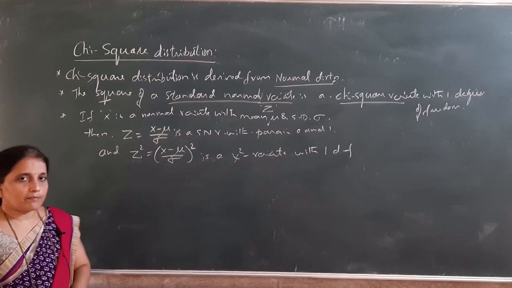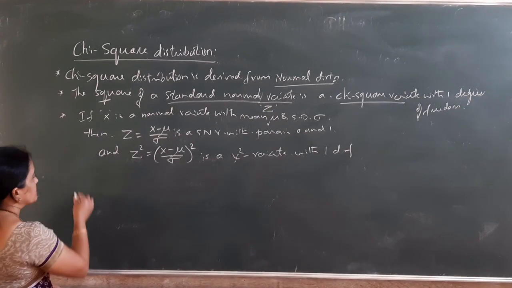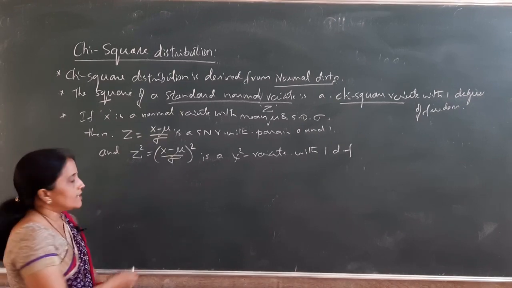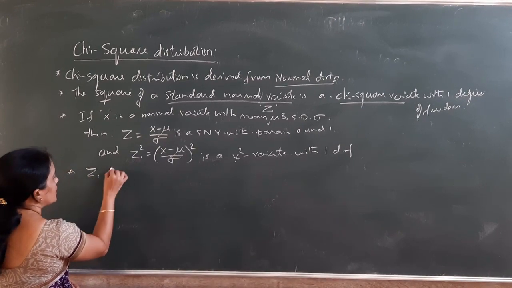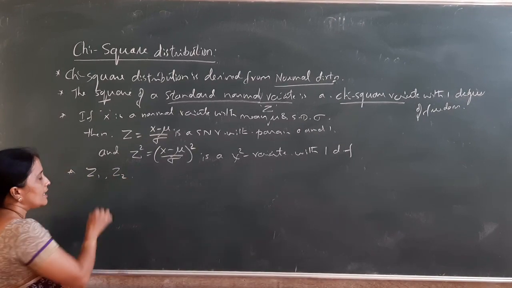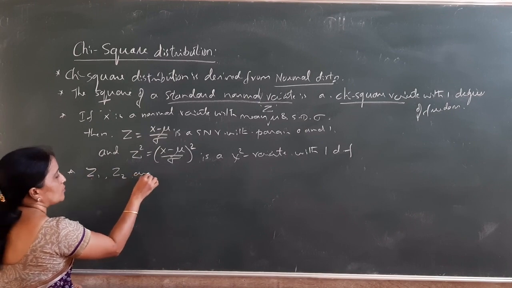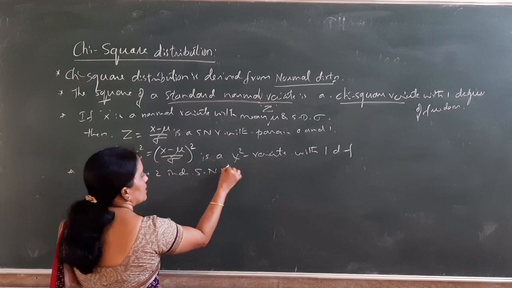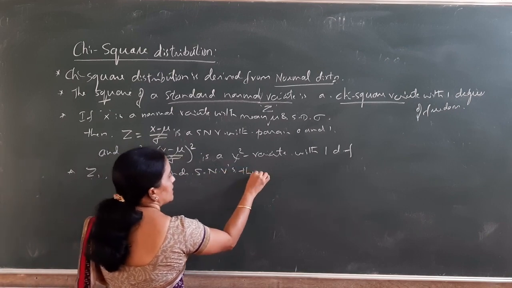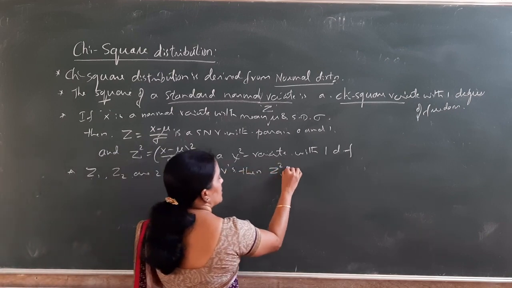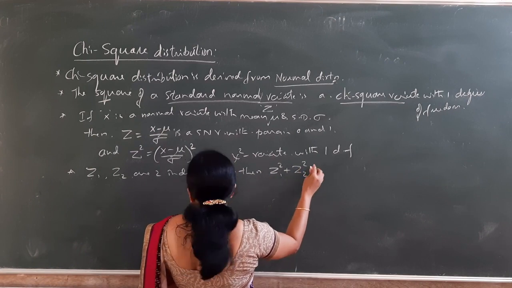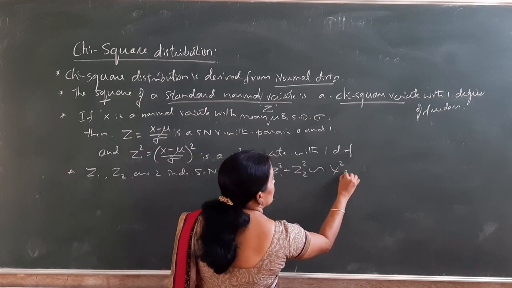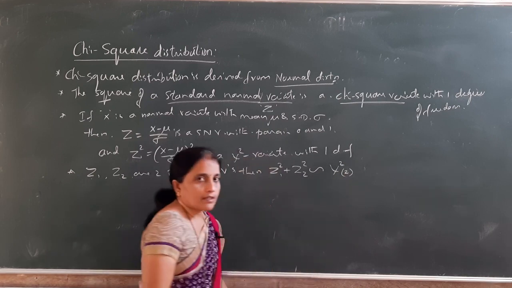Right? Next, imagine there are 2 independent standard normal variates Z1 and Z2. Then Z1 square plus Z2 square follows chi-square with 2 degrees of freedom.